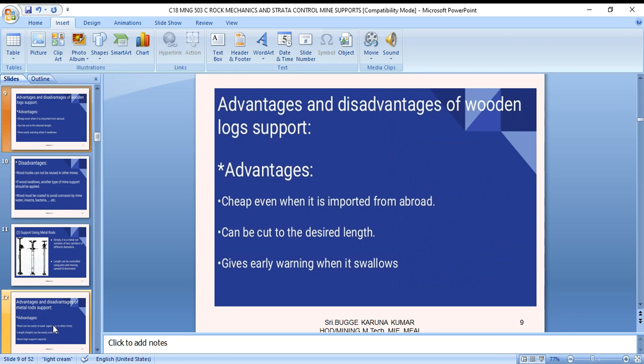Wooden logs have some advantages and some disadvantages. Cheap, even when it is imported from abroad. Can be cut to the desired length. Gives early warning when it is shallow.